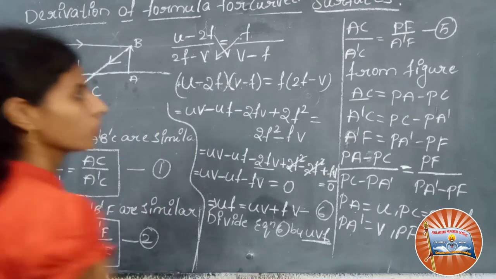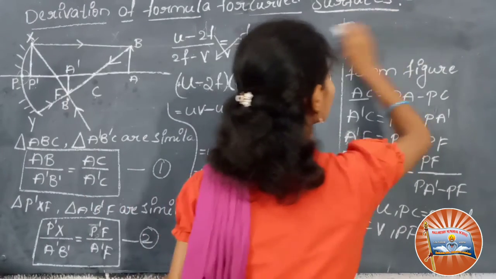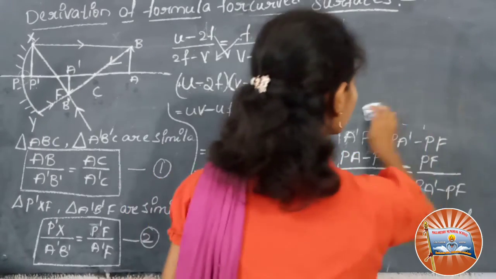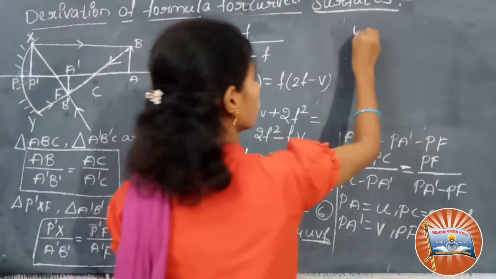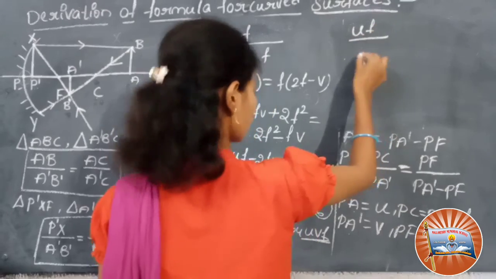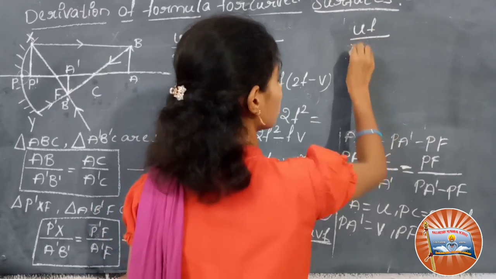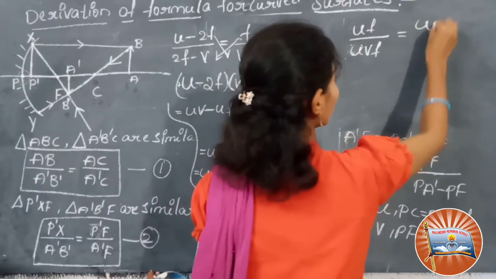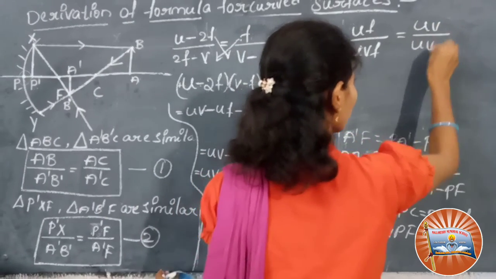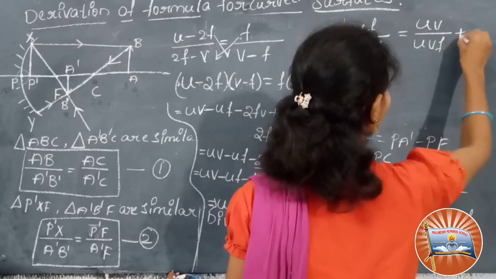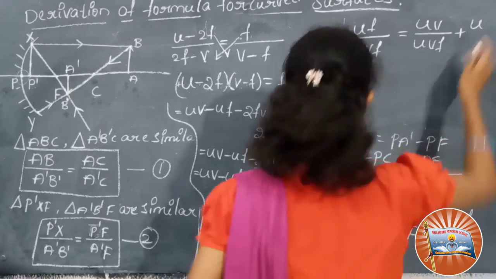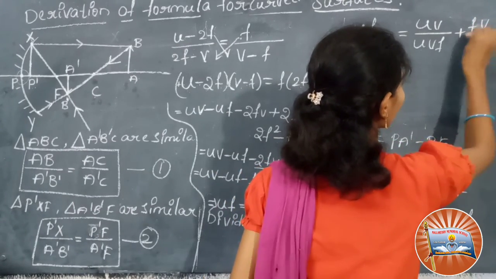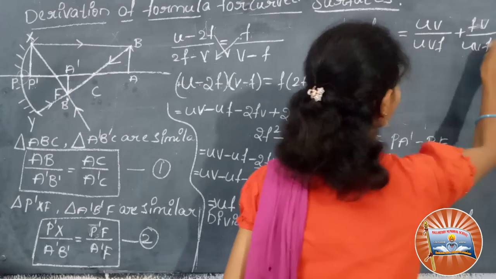So UF by UVF equals UV by UVF plus fV by UVF.